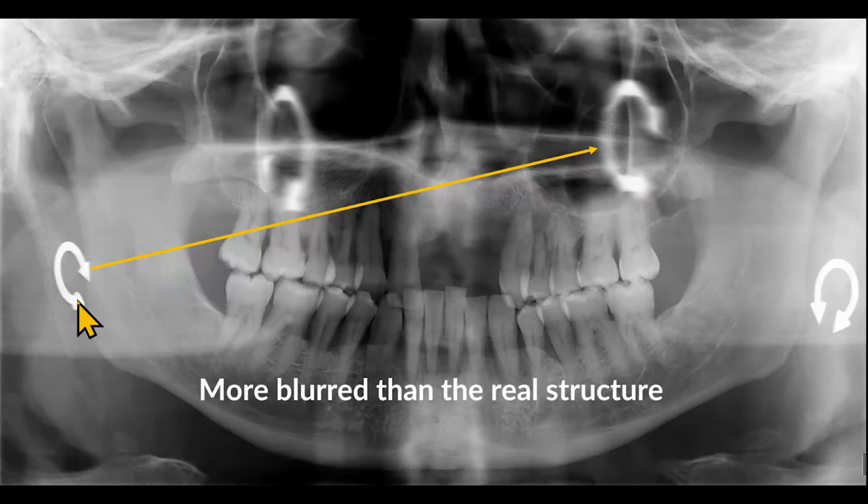Even the real images on a panoramic radiograph are not the sharpest. Panoramic images by nature are not as sharp as images on periapical radiographs. That's the reason that we try to make diagnosis of caries from periapical or bitewing radiographs and not so much from a panoramic radiograph.